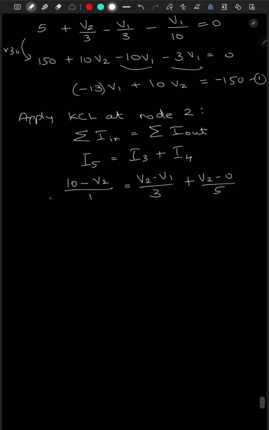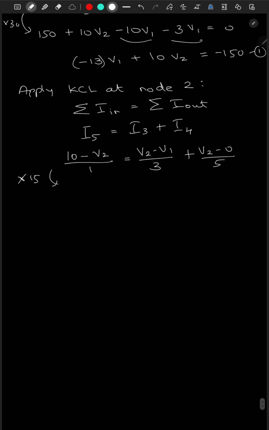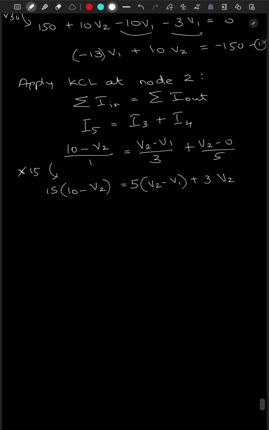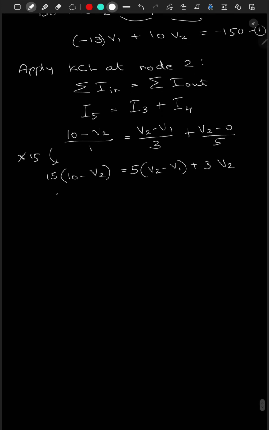Now let's multiply all equations by 15 to eliminate the denominator. So here we'll have 15 times 10 minus V2 is equal to 5 times V2 minus V1 plus 3 times V2. So we have eliminated the denominator, and now we can simplify the equation.